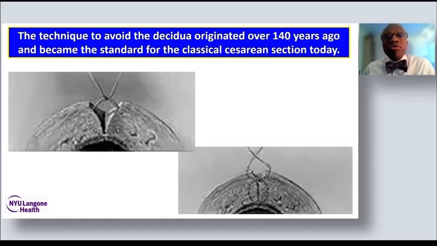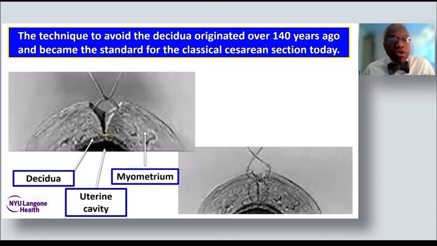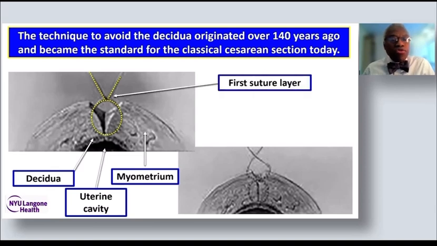The technique to avoid the decidua originated over 140 years ago and became the standard for the classical cesarean section today. Here you could see the decidua, the myometrium, the uterine cavity, and the first layer suture above the decidua.